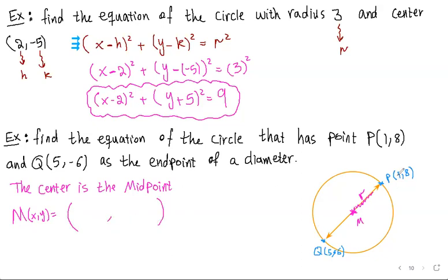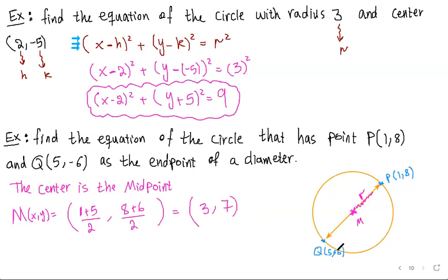It's x1 plus x2 over 2, 1 plus 5 over 2, and 8 plus 6 over 2. 6 over 2 is 3. 8 plus 6 is 14 over 2, 7. Makes sense? Oh, it's negative 6, sorry.